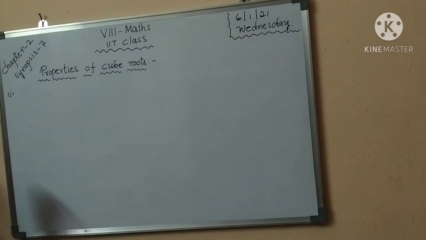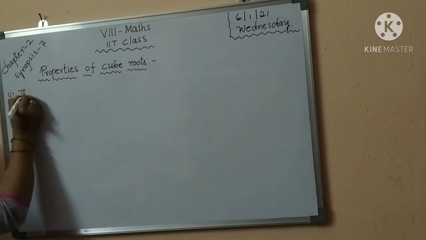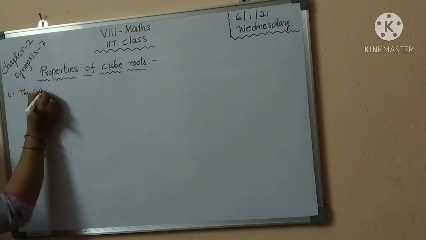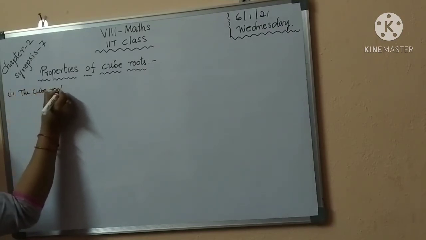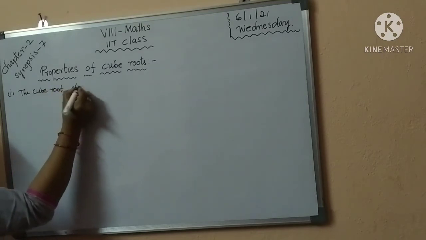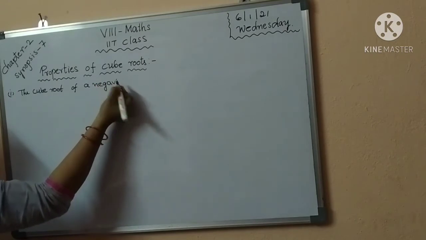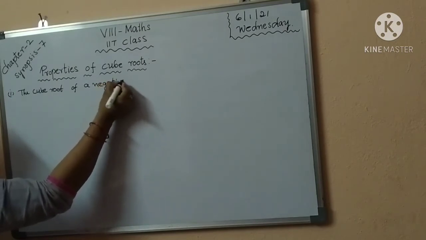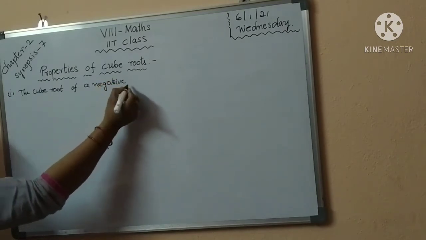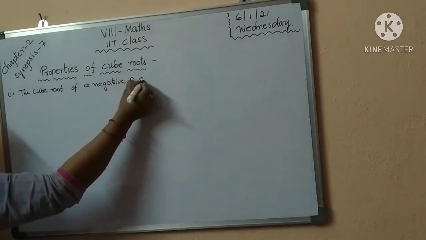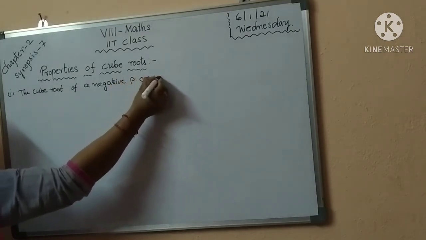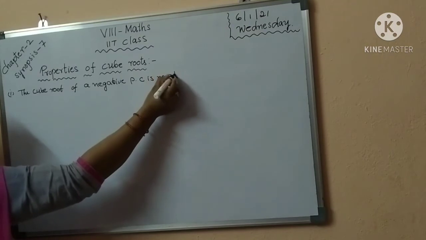The cube root of a negative perfect cube is negative.